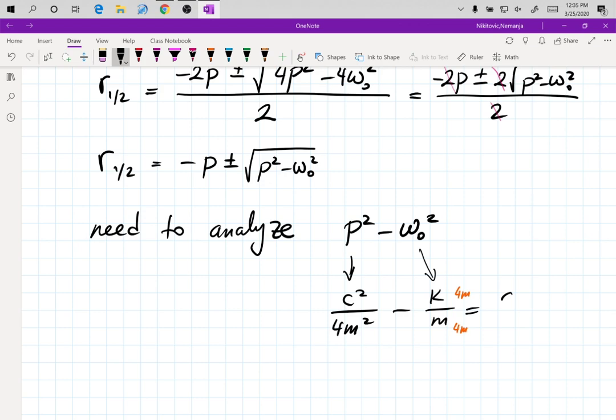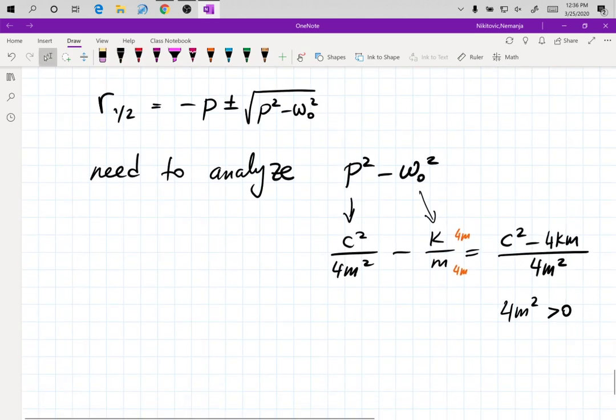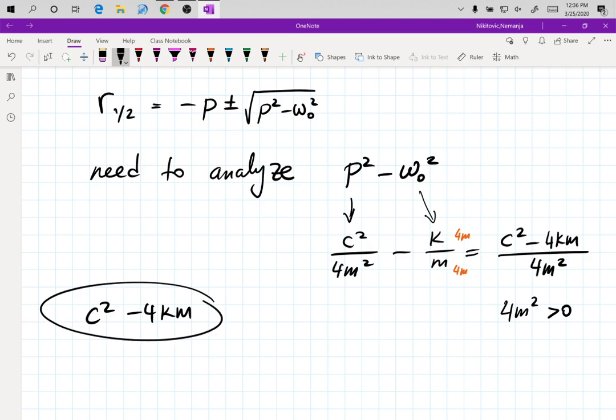And we get c squared minus 4km divided by 4m squared. Now, 4m squared is always positive, so we don't have to worry about that one. So we only need to worry about c squared minus 4km. That's what we have to worry about.